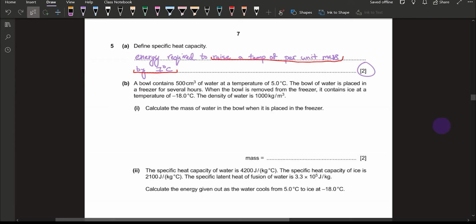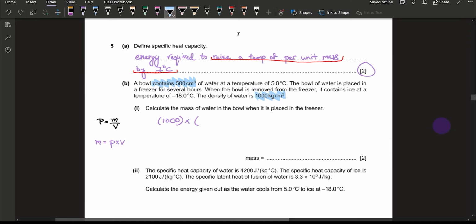So we know that density equals mass divided by volume, and we are supposed to find mass, so we can rearrange our formula to find m, which is going to be rho times V. We have rho, which is density, which is 1000 kg per meter cube, and times V, which is going to be our volume here.